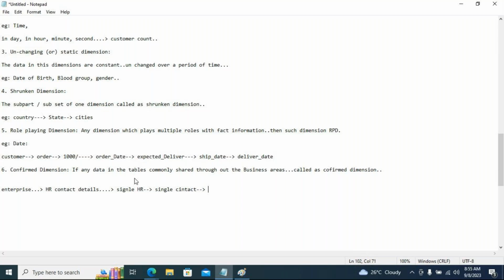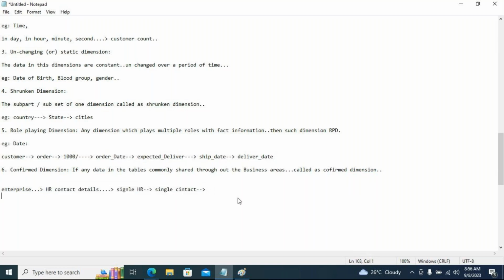They work in various locations and report to other locations. Their employees also report to an HR who is not in their base location. The HR might be in Mumbai, but the employees work from Chennai. So these HR tables are commonly shared throughout the business area.